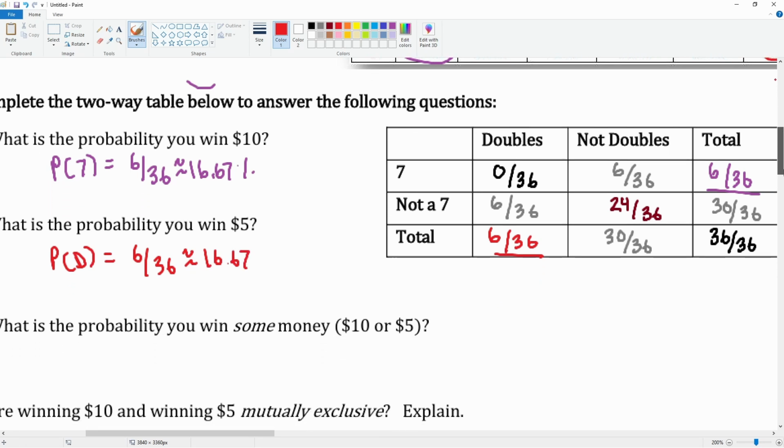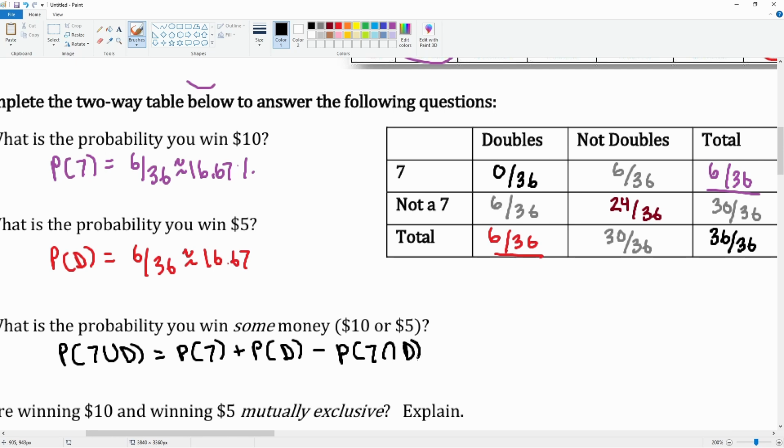What's the chance of winning some money? So it's the OR. The OR is basically the probability of a 7 or a double. So that's just the probability of a 7 plus the probability of a double minus the intersection of a 7 and a double. Notice the 7 and double right here is 0.